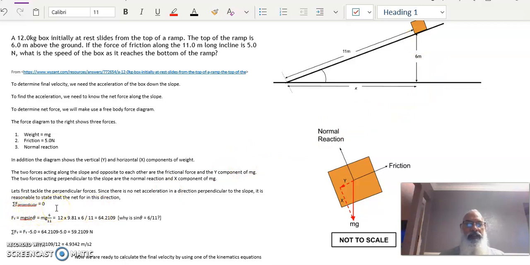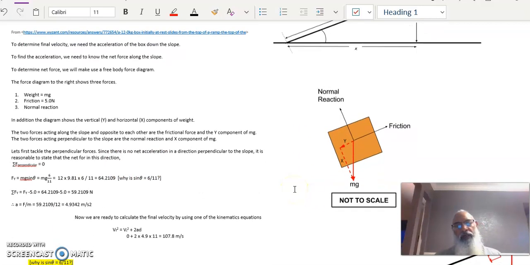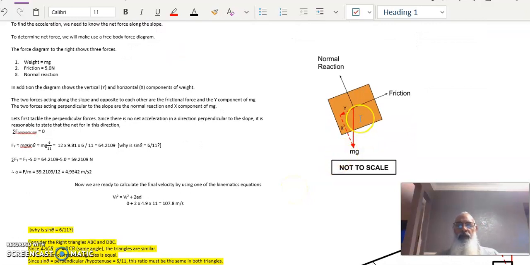So that's out of the way because that is not going to affect our calculations, but we want to be sure that it will not. And so we have figured out that that is zero, so that's not affecting anything. What we are really concerned with is the frictional force and the y component. Moving right along here, we know that the frictional force is 5 newtons.